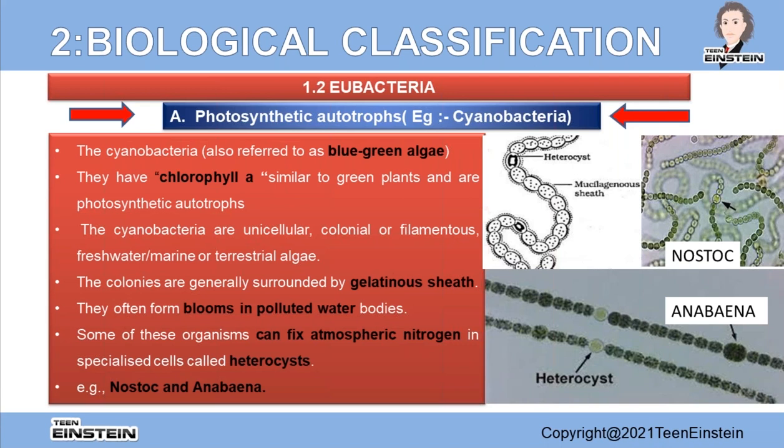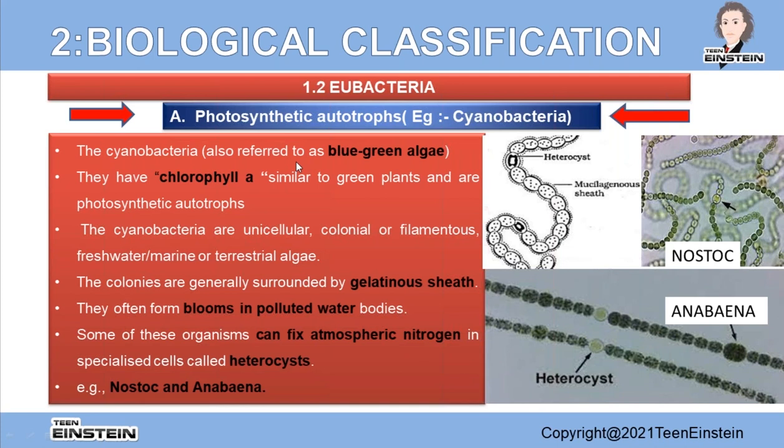Next, the autotrophs are classified into photosynthetic and chemosynthetic. So the first one is photosynthetic autotrophs.